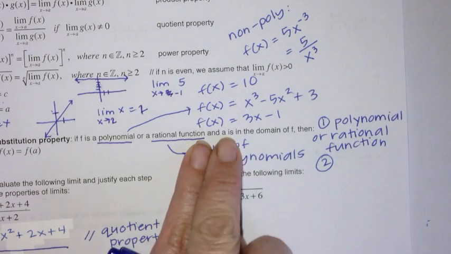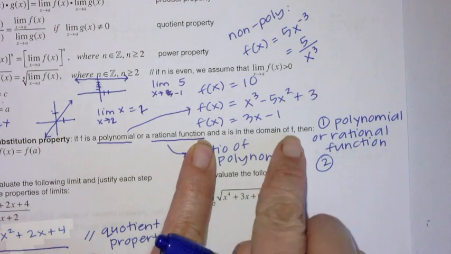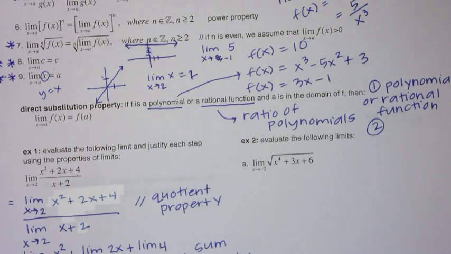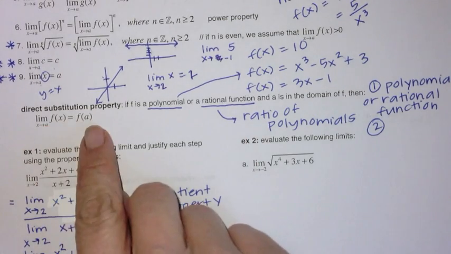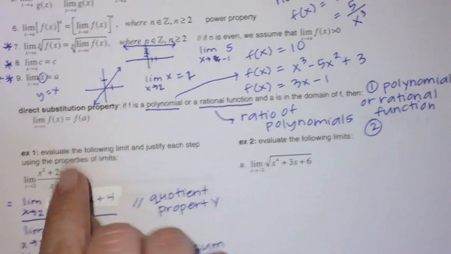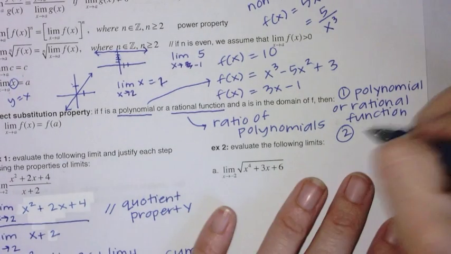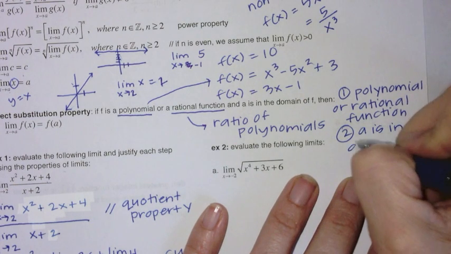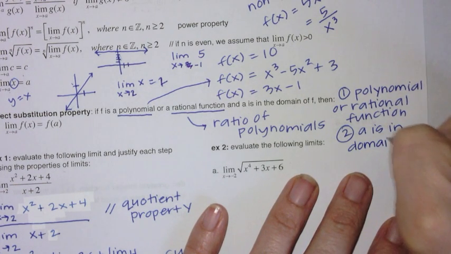So next, what's the next piece of it? A is in the domain of F. So A, which is representing the number it's getting close to, is in the domain of F. These are your two conditions.